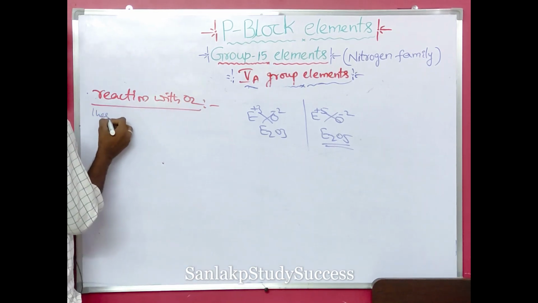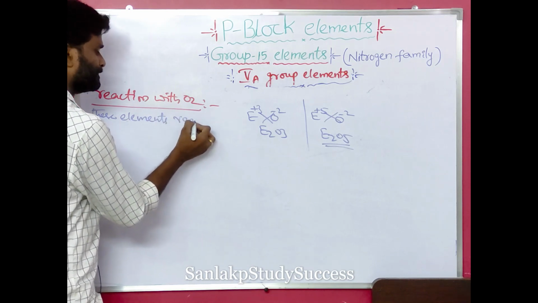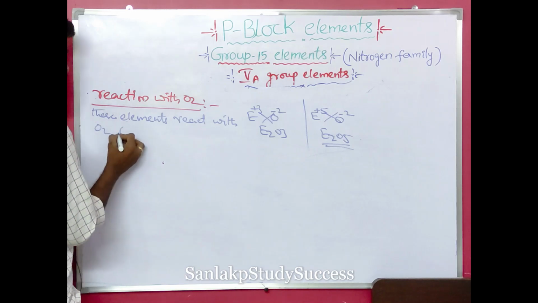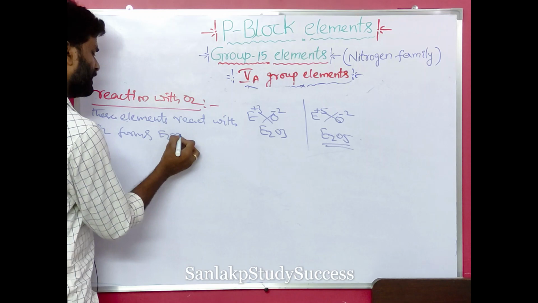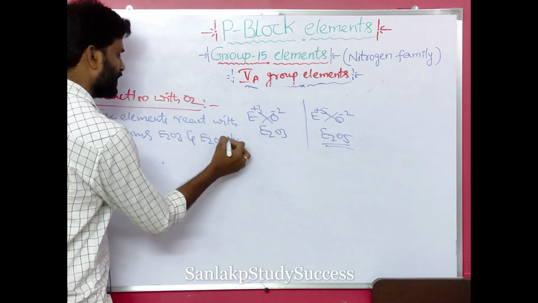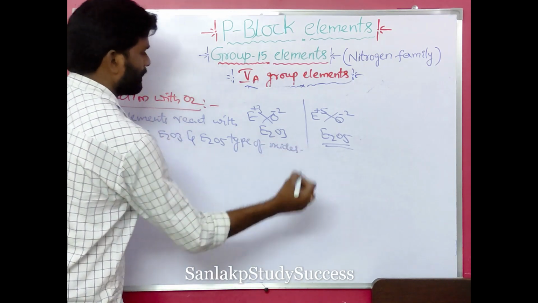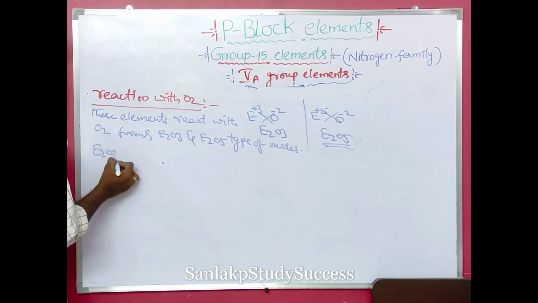These elements react with O2, forming E2O3 and E2O5 type of oxides, right?